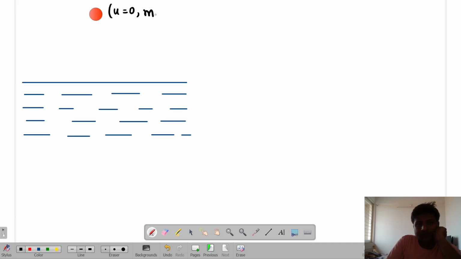It has mass m and density sigma, and the height from which it is dropped is h. Density of the liquid is rho.